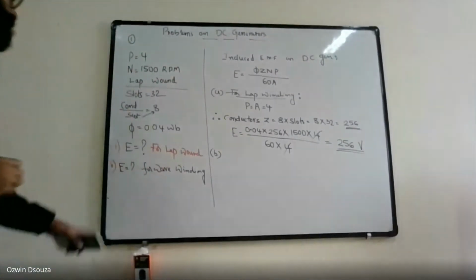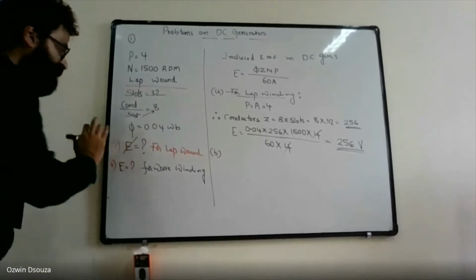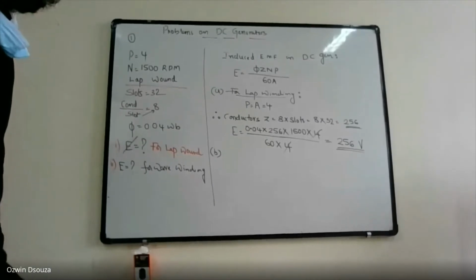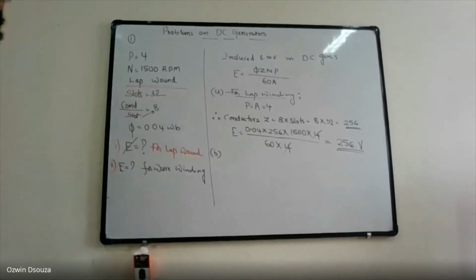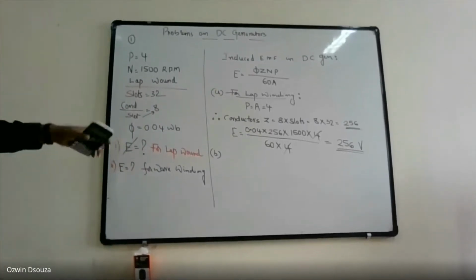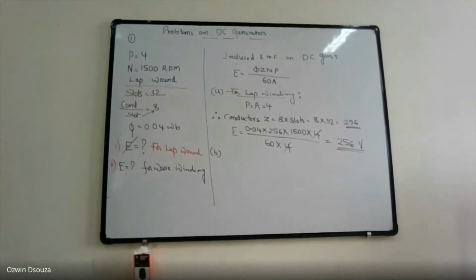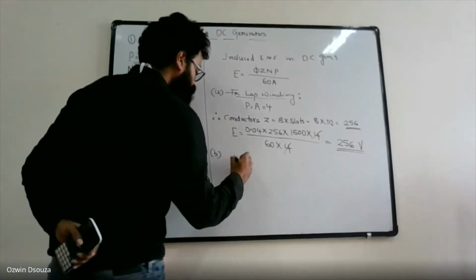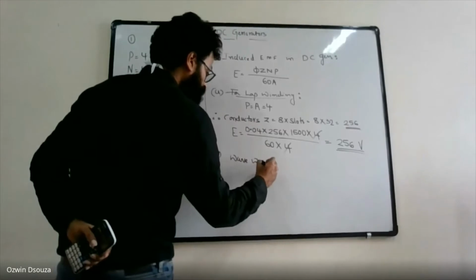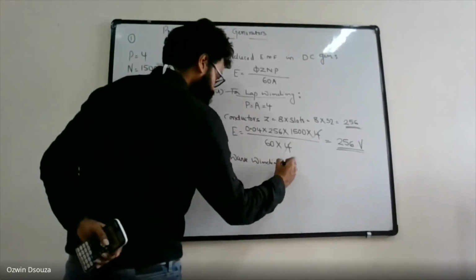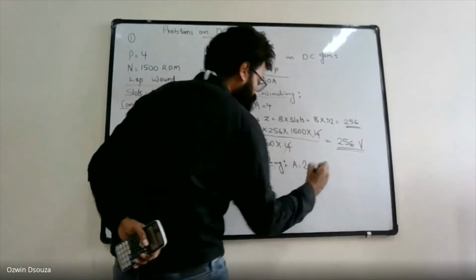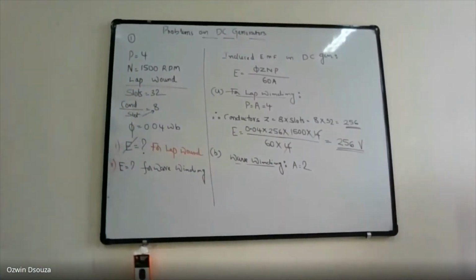Now let us consider case B. So case A is dealt with. In case B, you will have to recalculate the EMF if the winding were connected in the wave manner. So for wave winding, number of armature paths are always two.